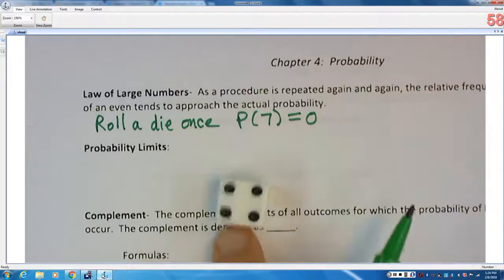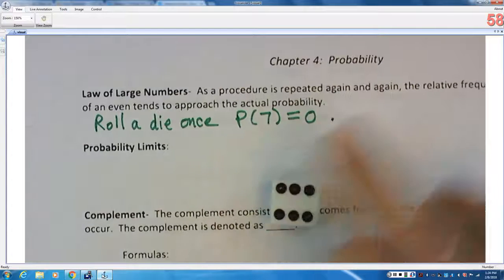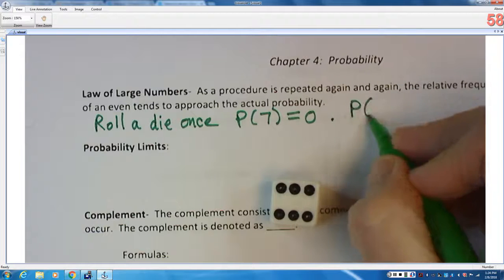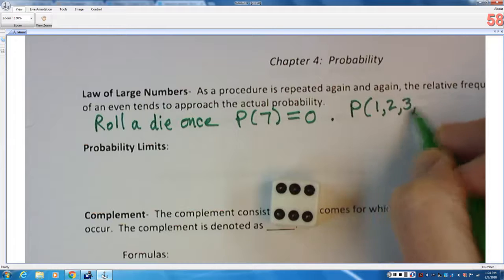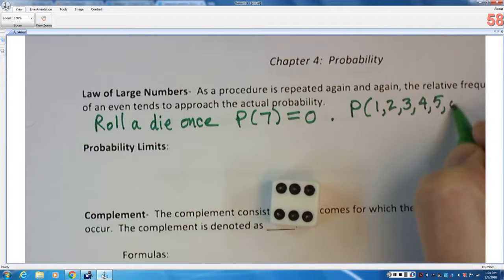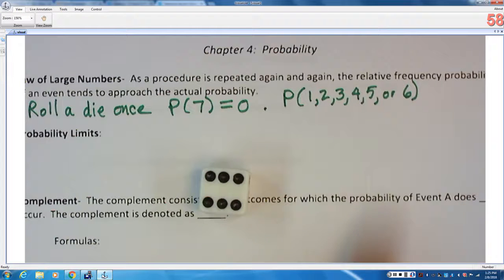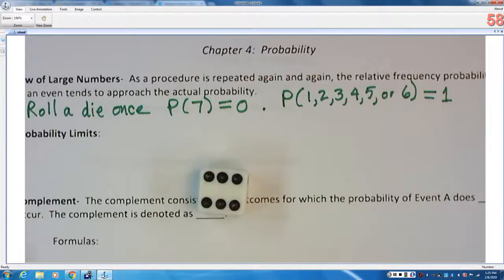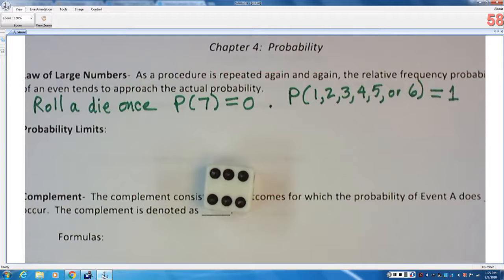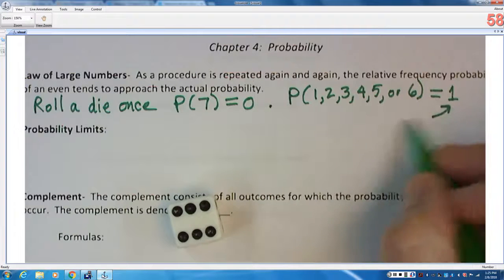There's no 7s. All right, what if we are going to roll the 6-sided die and we want the probability that we roll a 1, a 2, a 3, a 4, a 5, or a 6? What's the probability that we roll one of these numbers? It'll be 1. We do it as a decimal. Yeah, 6 over 6, or 1. So this is a certain event.